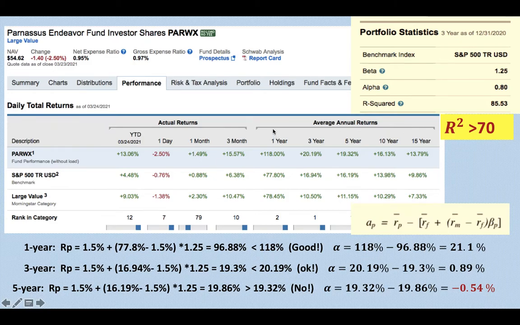Really, if you want to do 1 year and 5 year, you should find the 1 year and 5 year beta, because this is a 3 year beta. Anyway, that's just some information, but I assume the beta is the same. Let's look at the 1 year. So they give you the benchmark return.